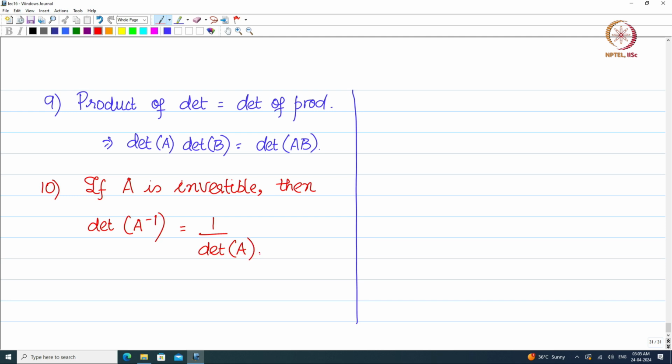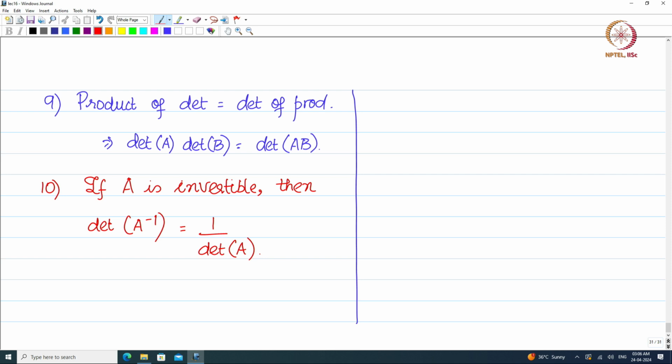Now, these are all very important properties as far as the determinant is concerned, and in addition to it we have also seen some of these transformations, some of which alter the determinant, like the scaling.